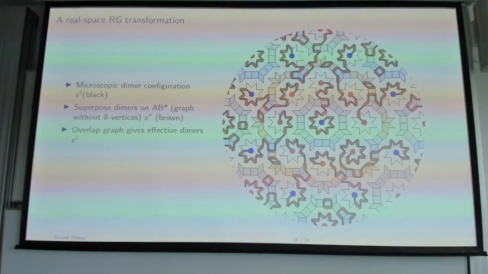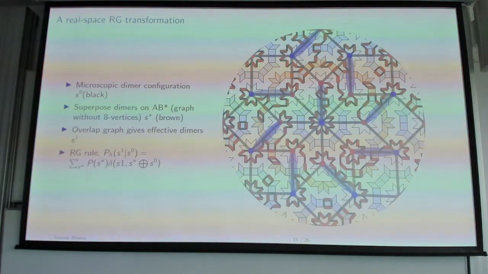So if I do this, I see from the overlap graphs paths which connect the 8 vertices, which basically lie on the coarse-grained graph. So every time I superpose a brown dimer configuration with a black dimer configuration, I actually get an effective dimer configuration from these paths of links connecting each other. Right? And of course, the exact effective blue fat dimer configurations I get depend on what brown dimer configuration I use.